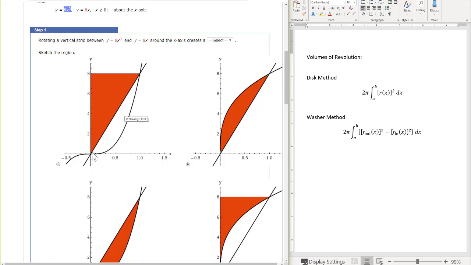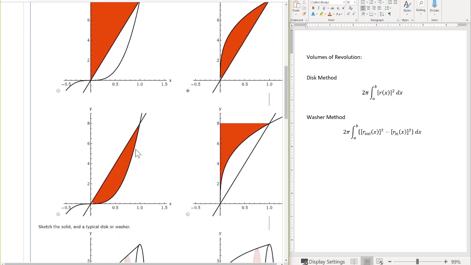But this looks like the line and the cubic function, but we want the area to be bounded by those two graphs, and so this triangular region is not bounded by those two graphs. This, on the other hand, looks like it has a line and that graph, so I think that'll work.